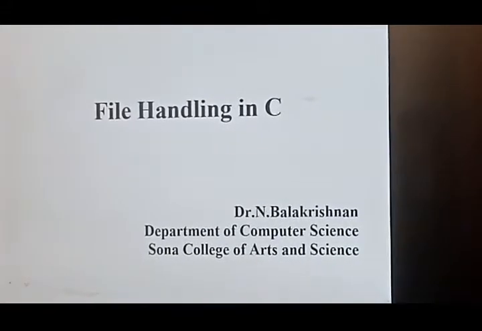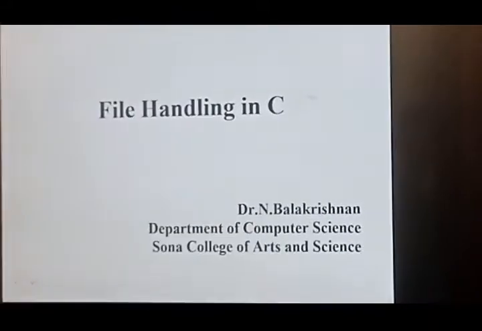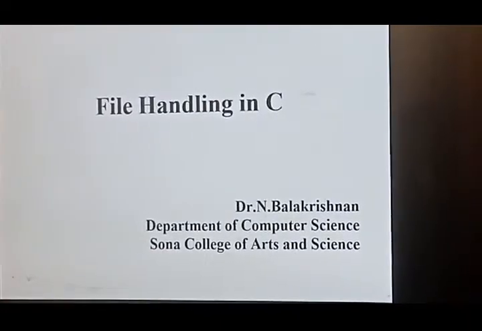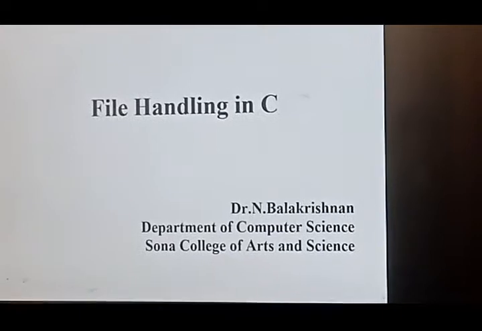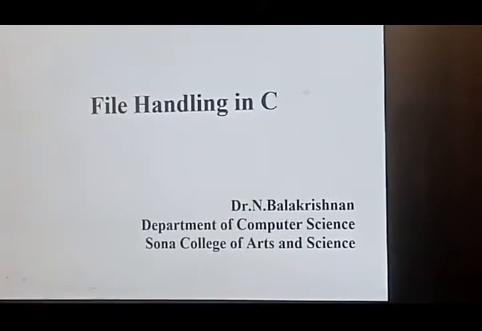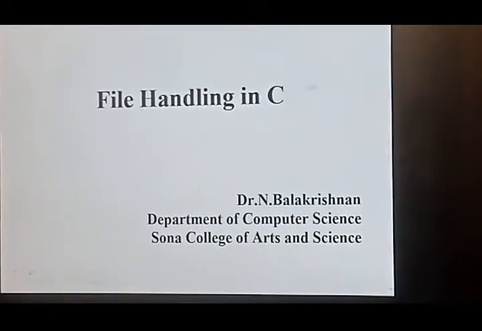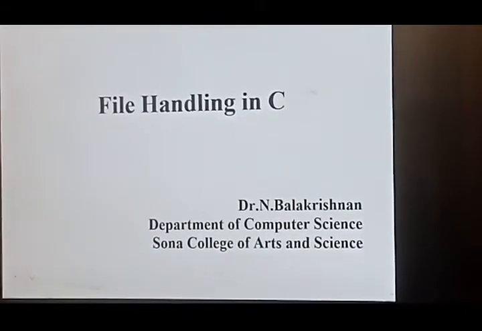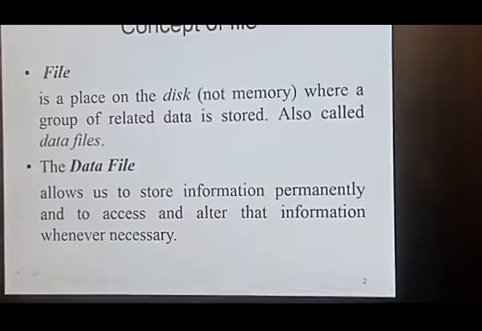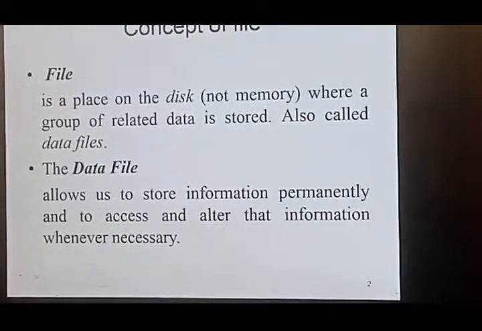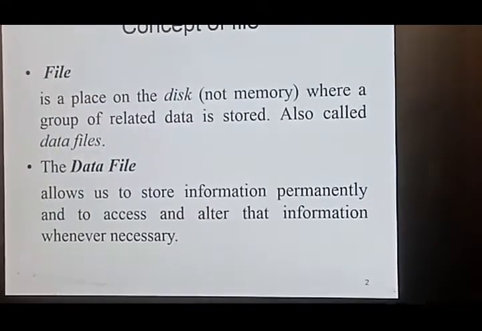All these collections of fields are referred to as a record, with each data item for the field collectively known as a record, and a collection of records is known as a file. These files might be stored in a disk, which means it is not in the memory.